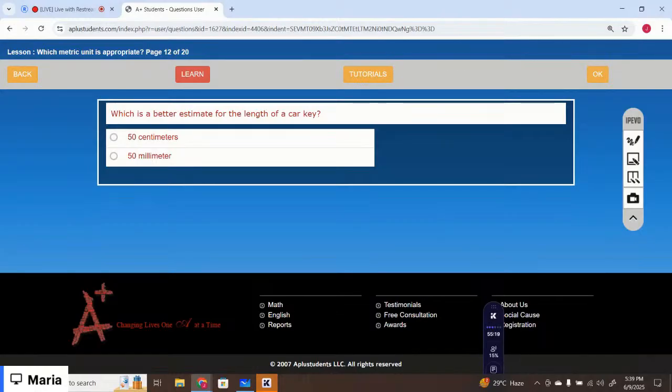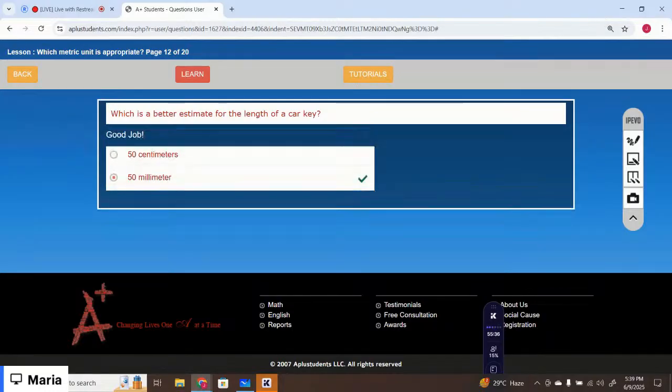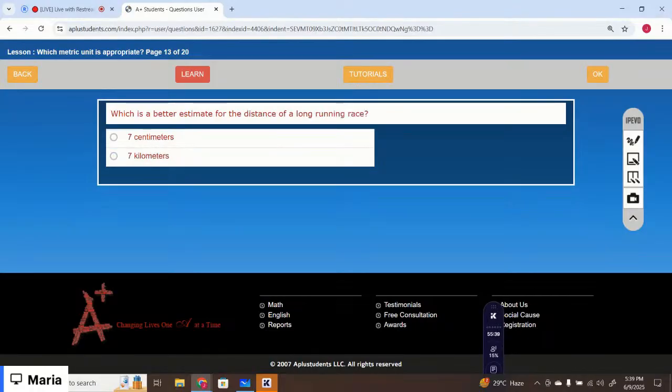Which is a better estimate for the length of a car? That is 50 millimeters. Option number 3 is the correct option. Which is a better estimate for the distance of a long running race? That is 7 kilometers.